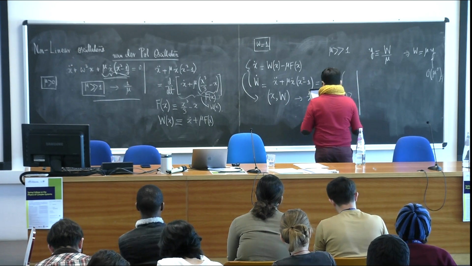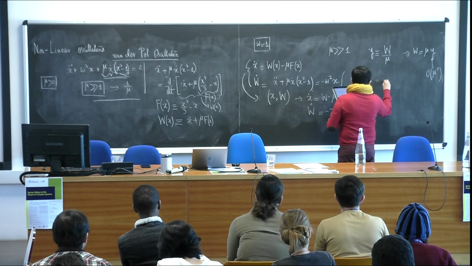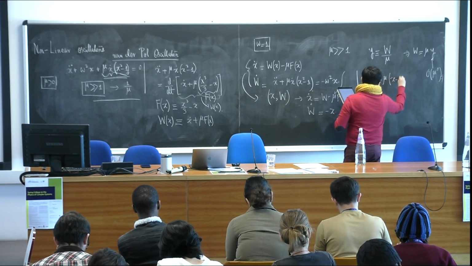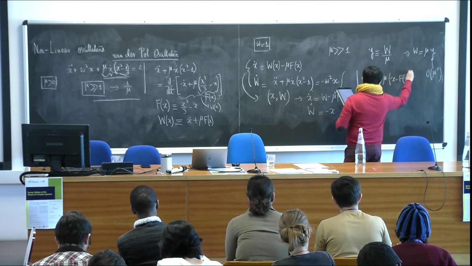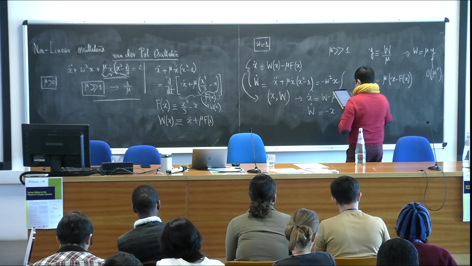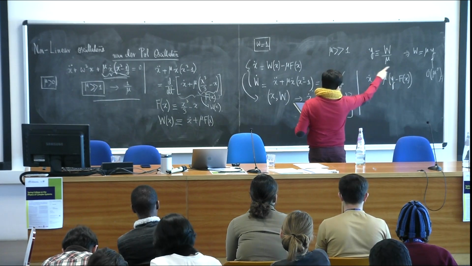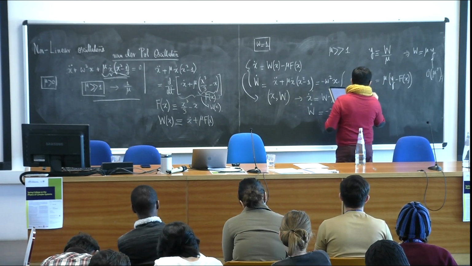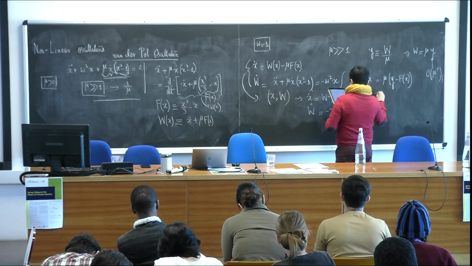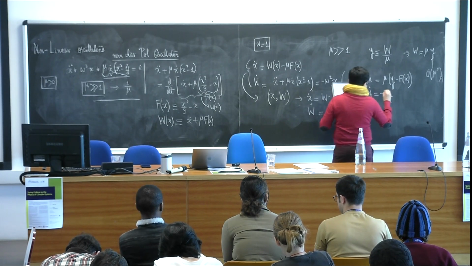Again, you just substitute and you get x dot is equal to mu times (y minus fx), sorry, because w is mu y, so I just do that. And the second one is y dot is equal to minus x by mu.